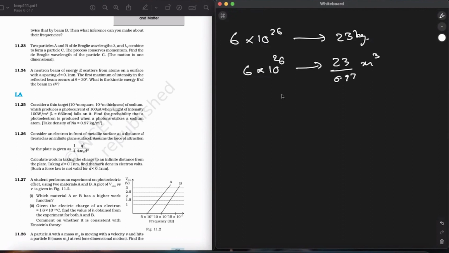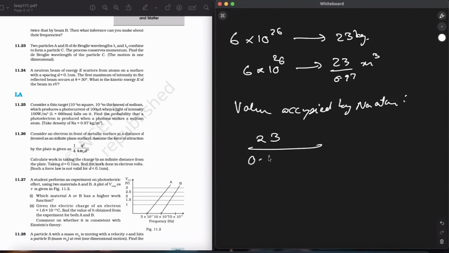I'll just leave it like this for now. So the volume occupied by one Na atom will be 23 divided by 0.97 into 6 into 10 to the power of 26.